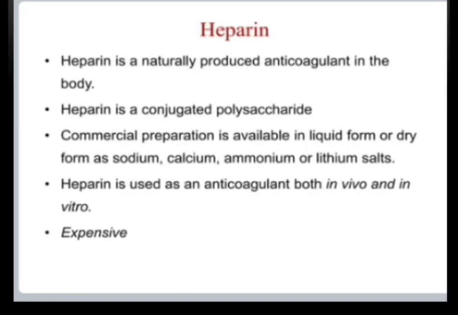The blood doesn't coagulate in the body, and that is because the body has natural anticoagulants that prevent the blood from clumping or coagulating or becoming hard. Because if the blood is hard in the body, it means that it will not be able to flow from one place to the other.